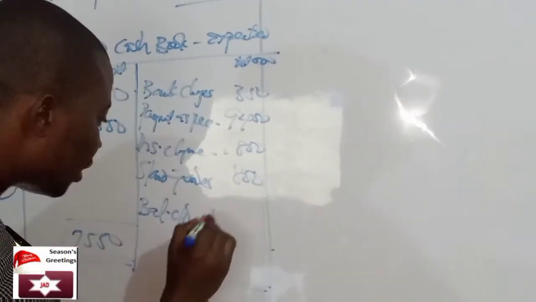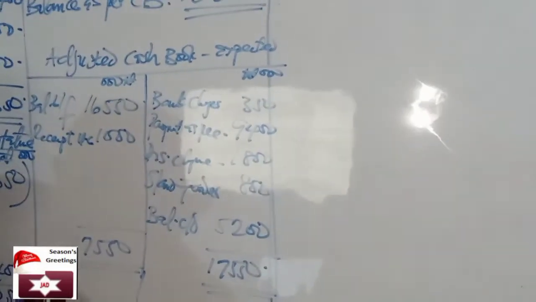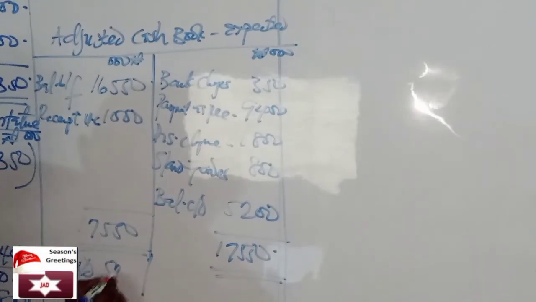So we have 5,200. So the actual balance as per adjusted cash book is 5,200.